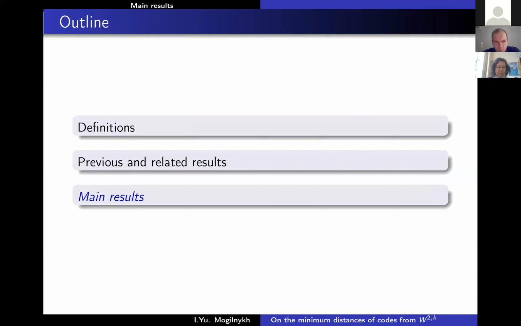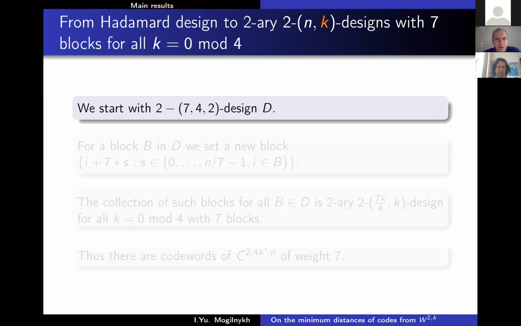So I move on to describing the main results of my talk. I give a construction for binary 2-(n,k) designs with 7 blocks for all k congruent to 0 modulo 4. We start with the 2-(7,4,2) Hadamard design, and then we increase 4 to k.